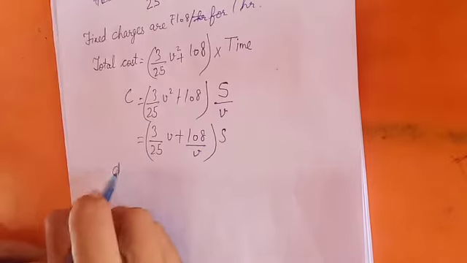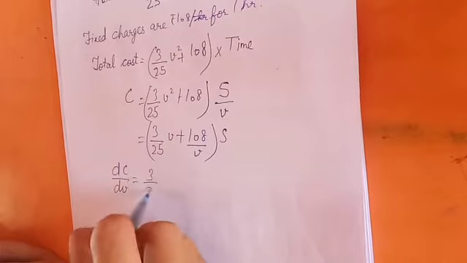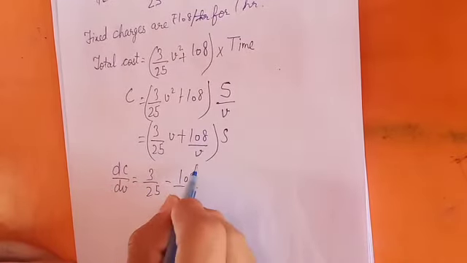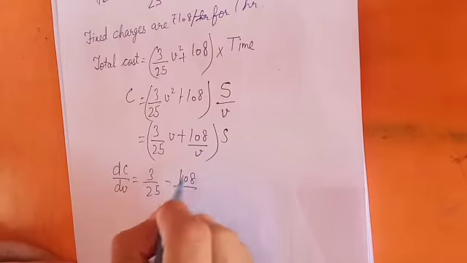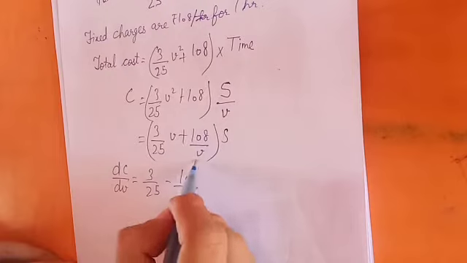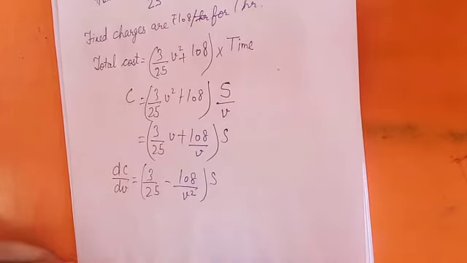So dC by dv will be 3 by 25 minus 108 by v square into s.